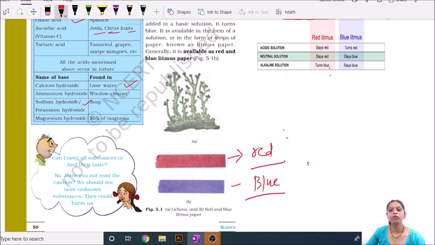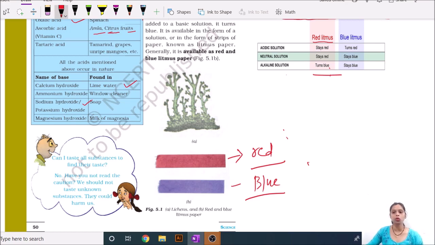And when we put a basic solution on a red litmus paper, its color is converted into blue. And when red litmus paper and blue litmus paper are put into a neutral solution, they remain unchanged.